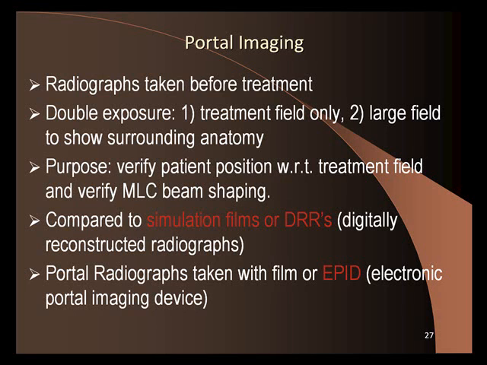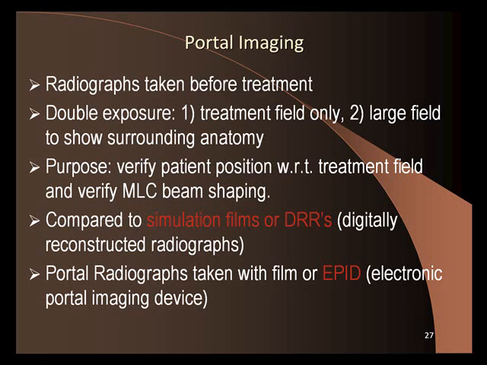So the first exposure of a portal radiograph is large, so the jaws are open, and I'm going to use the pelvis because I can kind of sort of draw a pelvis. Okay, ischial tuberosities, the sacrum. So that's the first one where you see the whole anatomy.